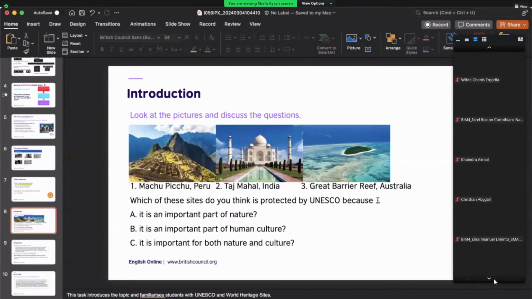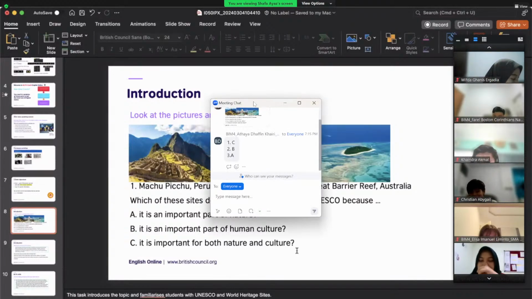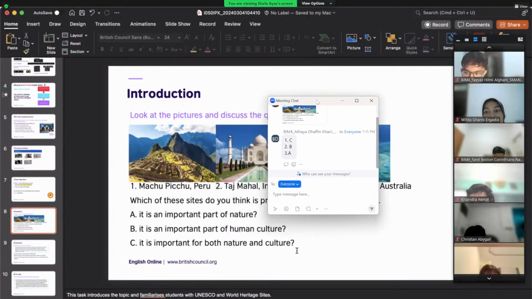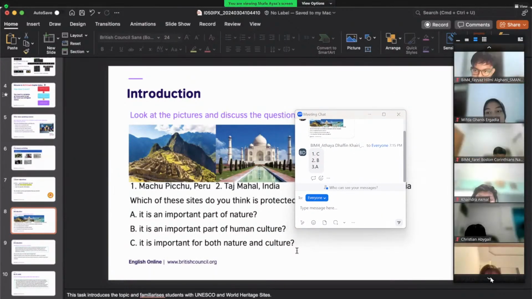Right. So, what do you think is the correct answer for all of these? What did you discuss? Which of these sites do you think are protected by UNESCO because of the quality? My team says that number 1 is C, number 2 is B, and number 3 is A. Because number 1 is located in a very beautiful spot, but at the same time, it also has good history.